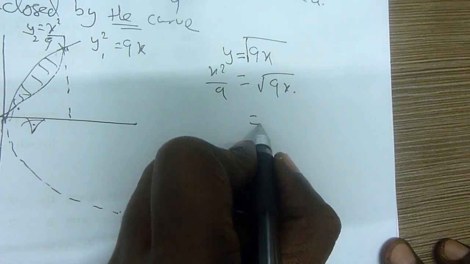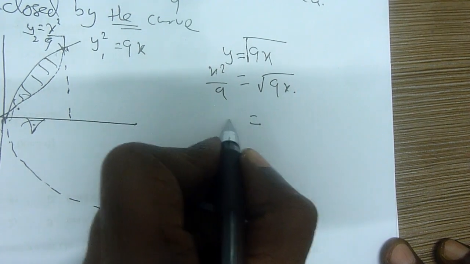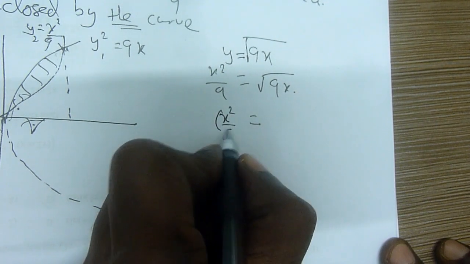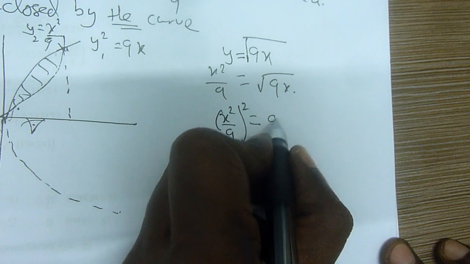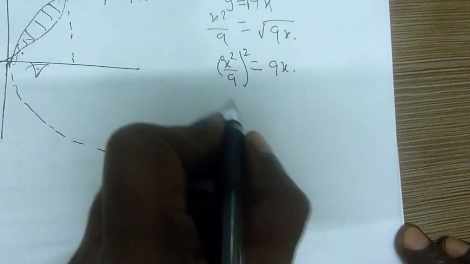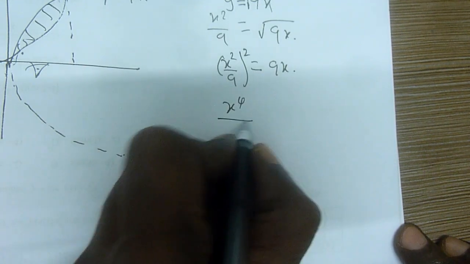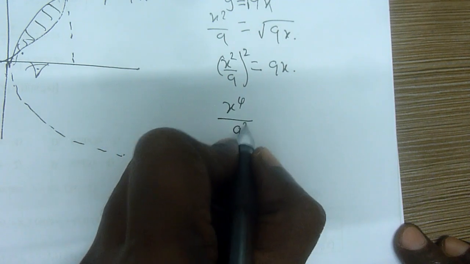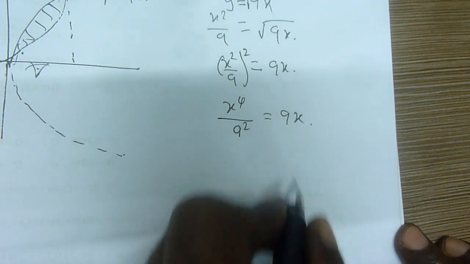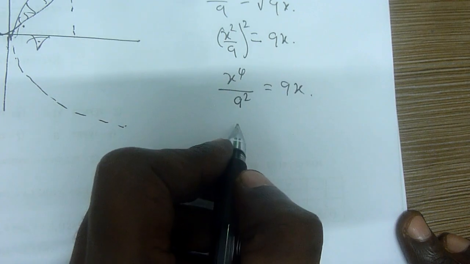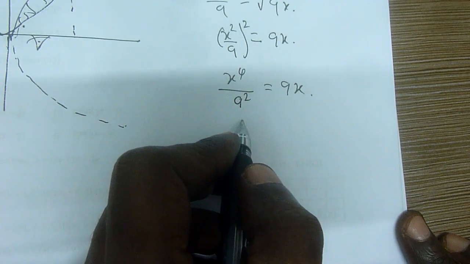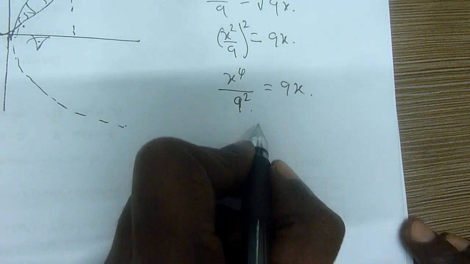Therefore you are able to calculate this one. Squaring both sides, x⁴/9² equals 9x.